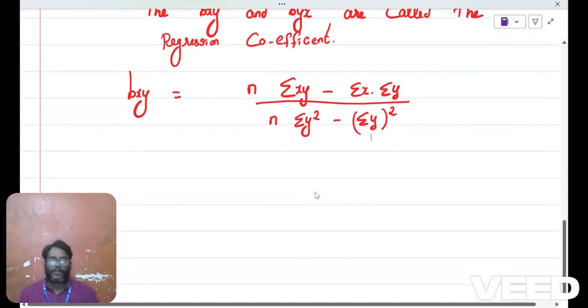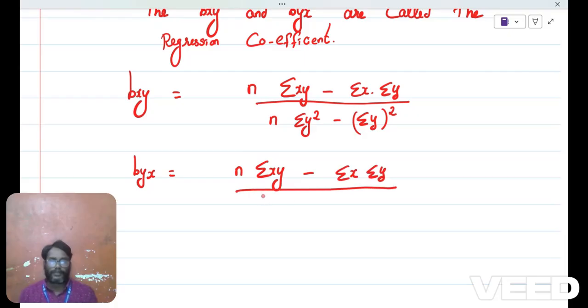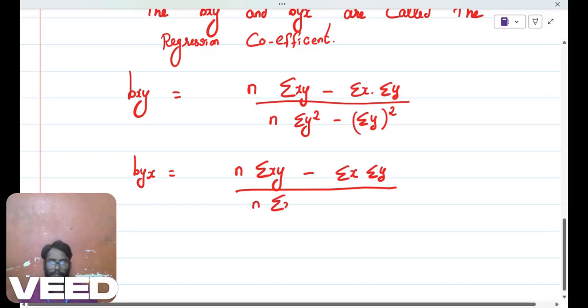Similarly, the regression coefficient b of yx is equal to the same thing, n into sigma xy minus sigma x into sigma y, and the denominator will be for x, that is n into sigma x square minus sigma x the whole square.